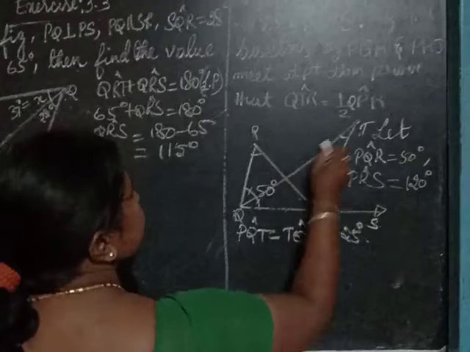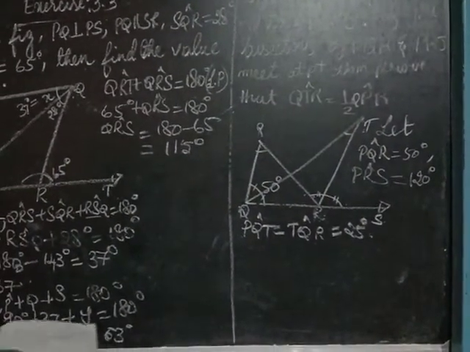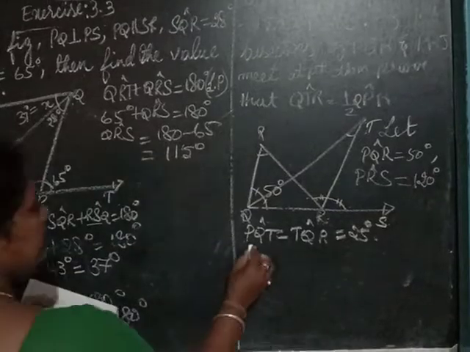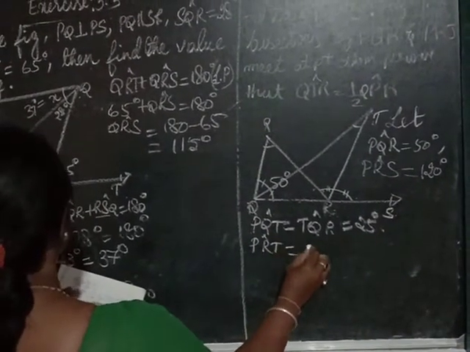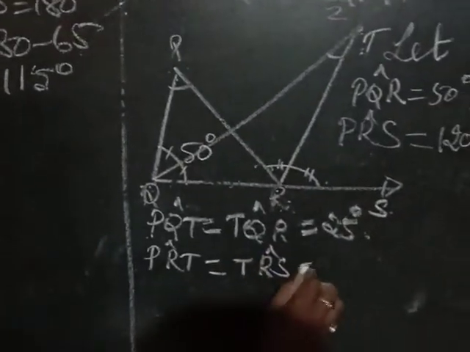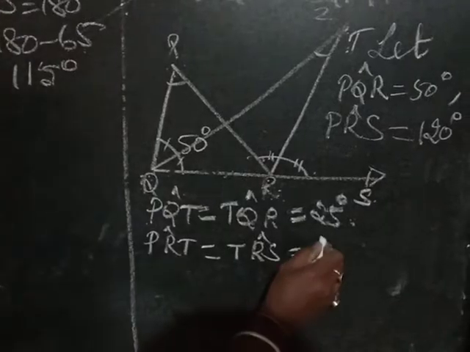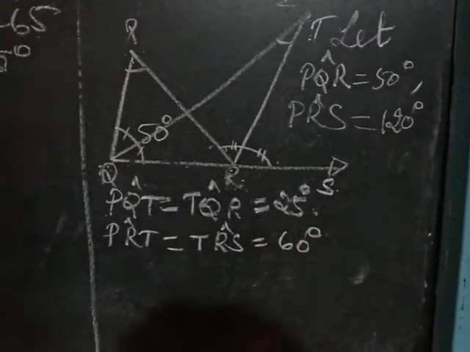Why? Since QT is a bisector. And then next, PRT is equal to TRS is equal to 60 degrees. How did we get 60 degrees?